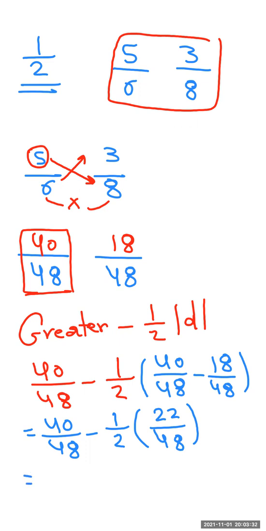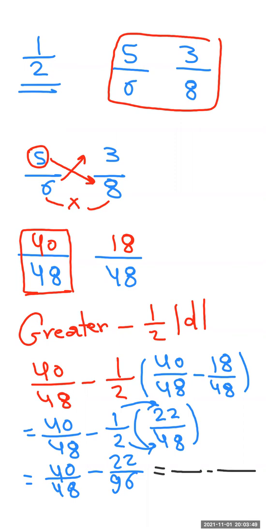Again, 40 over 48 minus 1 times 22, over 2 times 48, which is 96. Now again unify the two denominators. It will be the second one, so the denominator is 96. To get the numerators, 96 divided by 48 equals 2, times 40 is 80, and this one is already over 96, so it's 22.